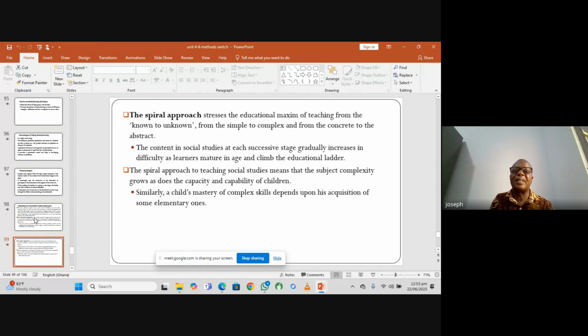So once you start from the base, you are building as the child matures in brain and climbs the ladder. You also increase the scope and the difficulty level. So if you are giving him a few pieces of information as he is moving, you are increasing the information because his mental ability is mature enough to assimilate more information from the previous ones that you started with.